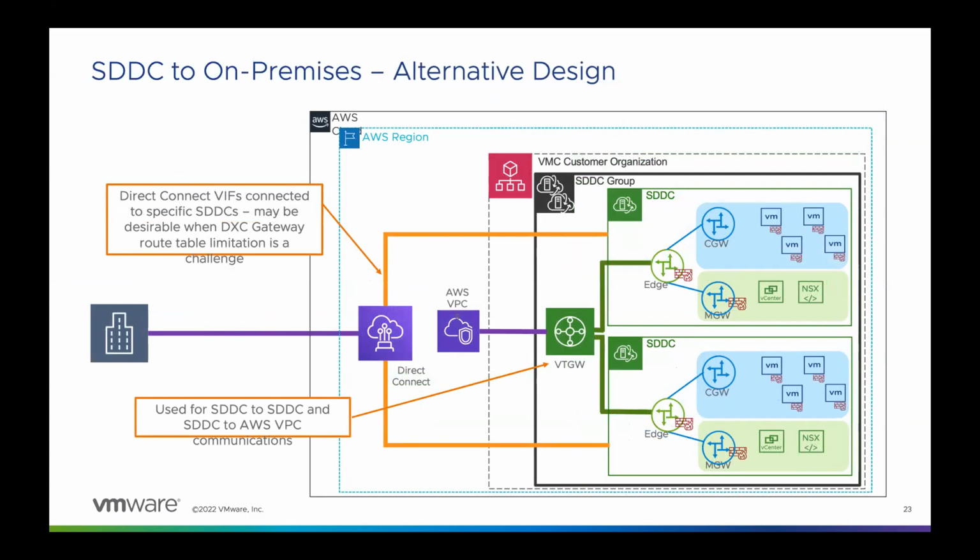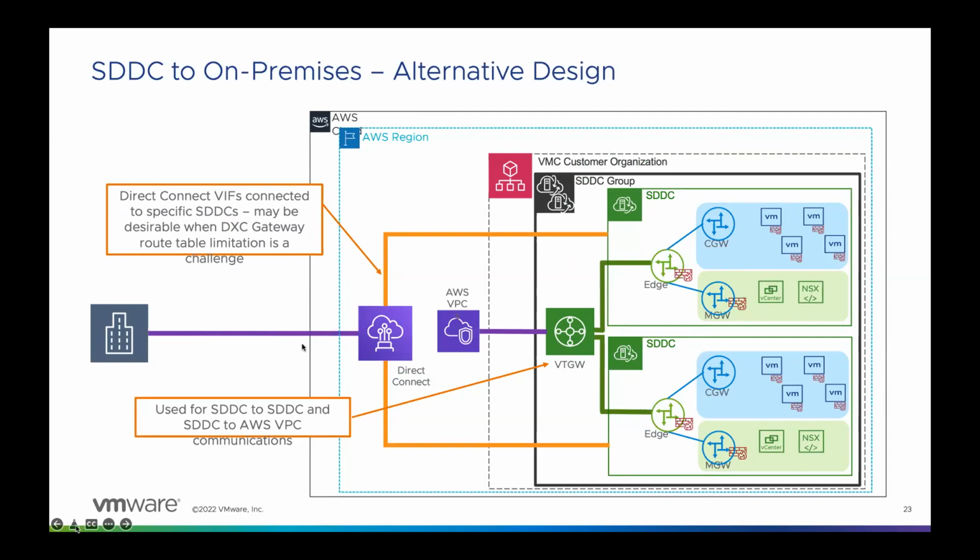So the last slide I have, and I'm happy to answer any questions outside of this, is the SDDC to on-premise. This is another design that customers can have. As mentioned before, when you're looking at your Direct Connect connection, sometimes customers have already used 3 transit gateways.